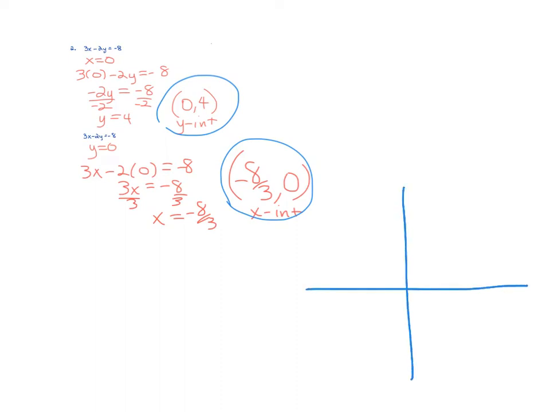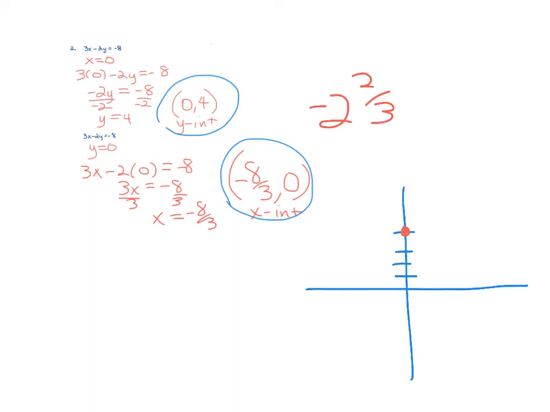My first point is going to be the y-intercept, and I could go 1, 2, 3, 4. I'll graph that one. Now, notice this is an improper fraction. So for graphing purposes, I need to make it a mixed number or a decimal. If I divide this, 3 goes into 8 twice, so I get negative 2/3, or negative 2 2/3.